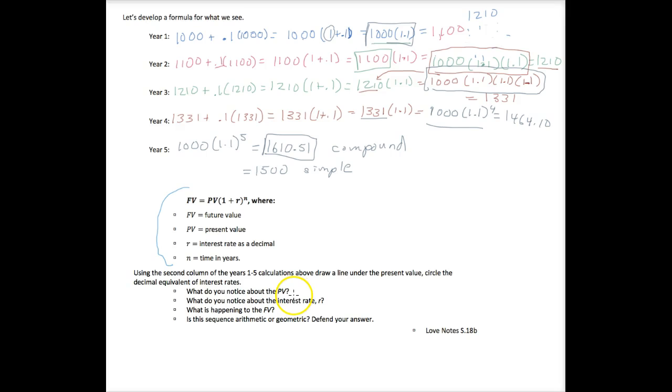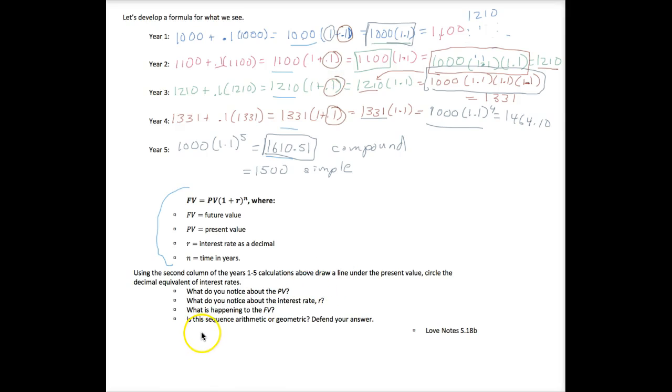What do you notice about the present value? What I notice is that the value ascends. It gets bigger and bigger as we go, which means we're getting more interest because we're getting money on more money. What do you notice about the interest rate? Stays the same.